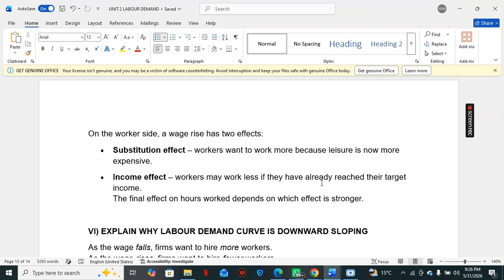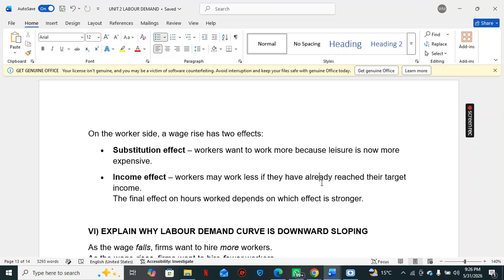Remember, colleagues, as you're at your jobs, you all want to get a promotion. To get a promotion, you have to work extra hard. What does working extra hard involve? It involves substituting leisure for work. That's the substitution effect, where you're substituting leisure for work because you're aiming for higher goals.